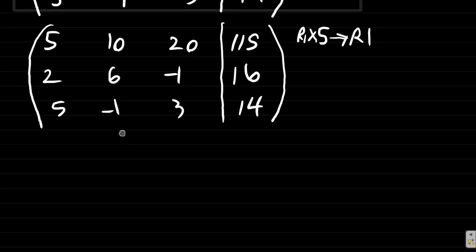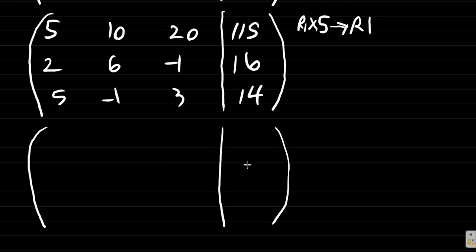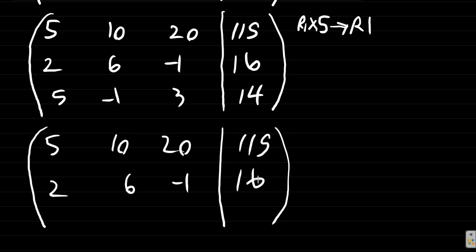The next thing we want to do, keep row 1 and 2 as they are. So we write back our row 1 is 5, 10, 20, 115. Our row 2 is 2, 6, negative 1, 16. Then let row 1 minus row 3 lead to our new row 3.